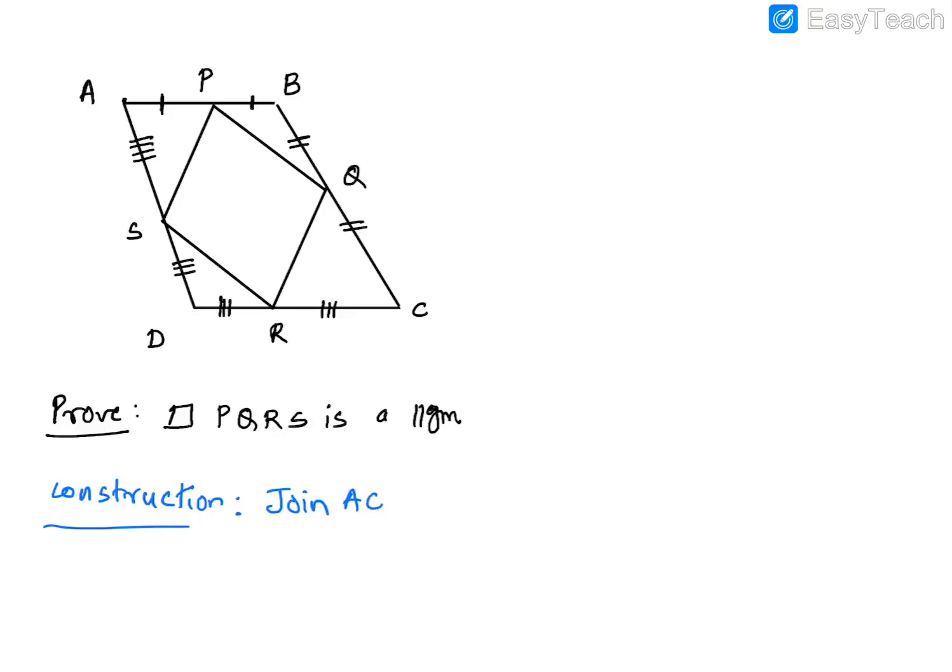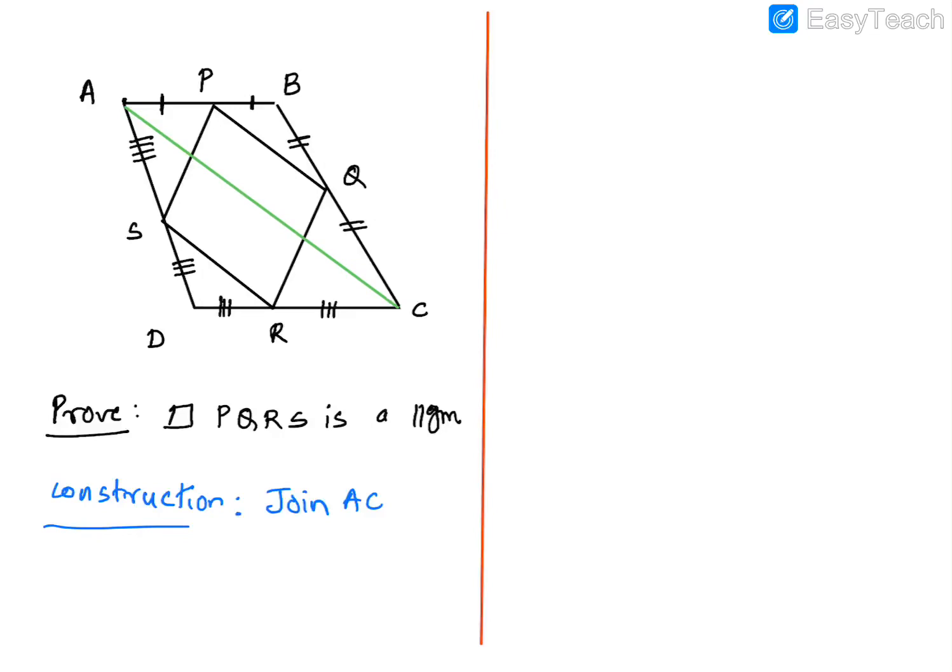Okay, let's start the problem now. The first statement, guys, is, first we had to make some construction, right? I forgot to do that construction. I'll make the construction first. We said, join AC. So starting from the point A, you need to draw a dotted line till C.